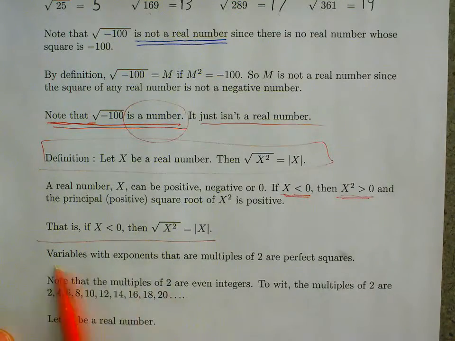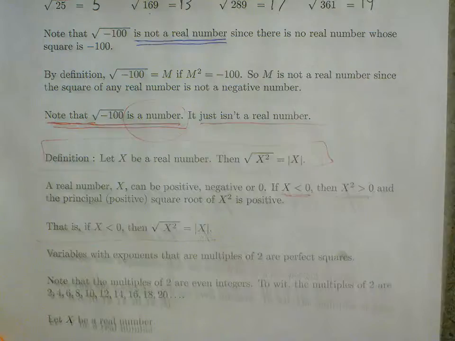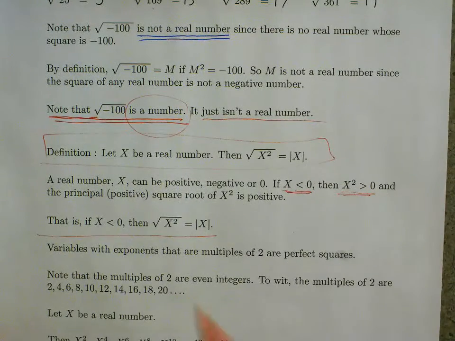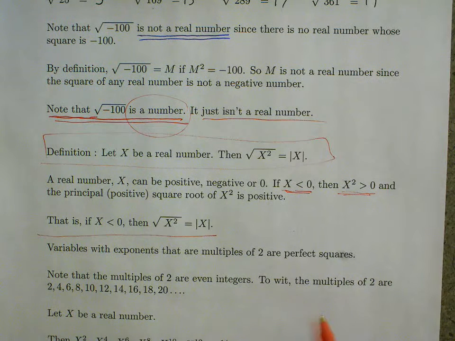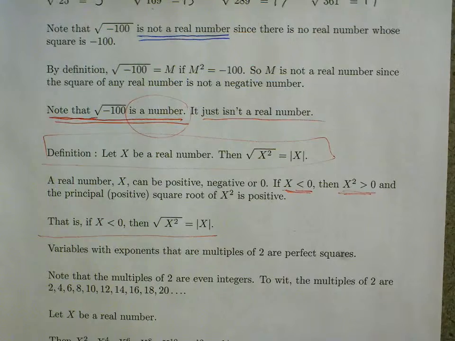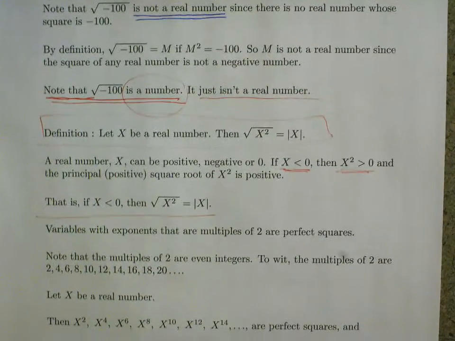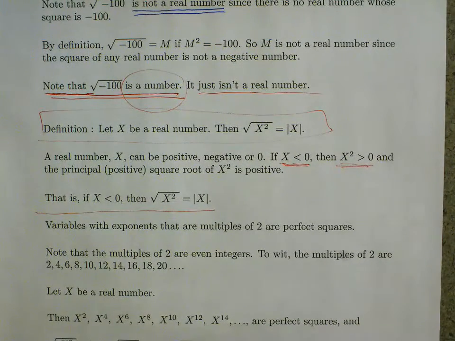Okay, when variables are involved, variables with exponents that are multiples of 2 are considered perfect squares. And the multiples of 2 are just the even integers.